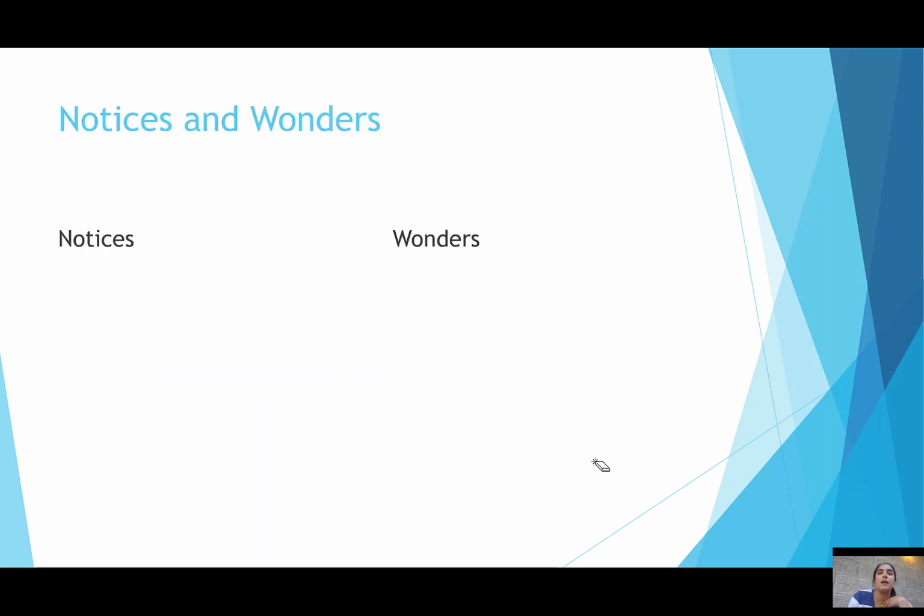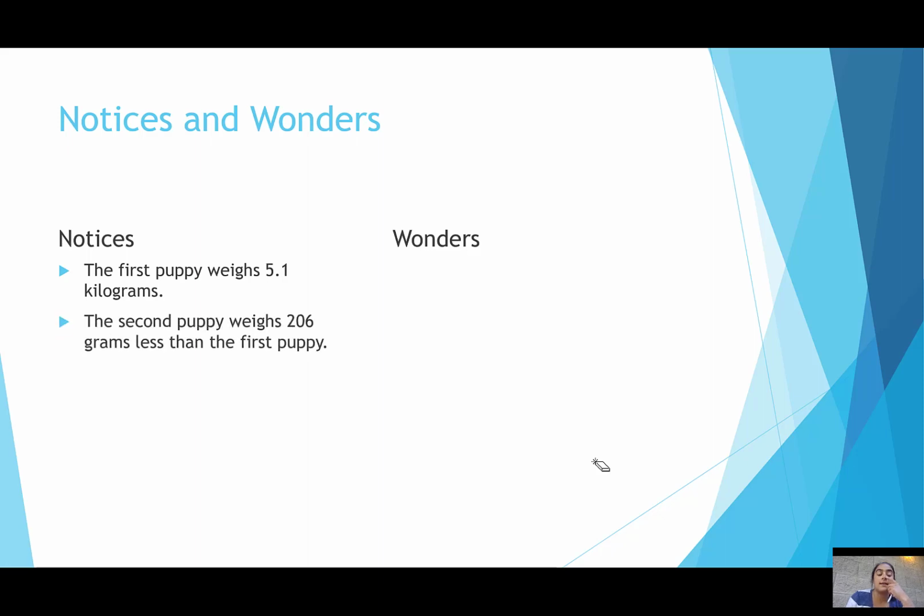Here are some of my notices and wonders. The first puppy weighs 5 1/10 kilograms. The second puppy weighs 206 grams less than the first puppy.